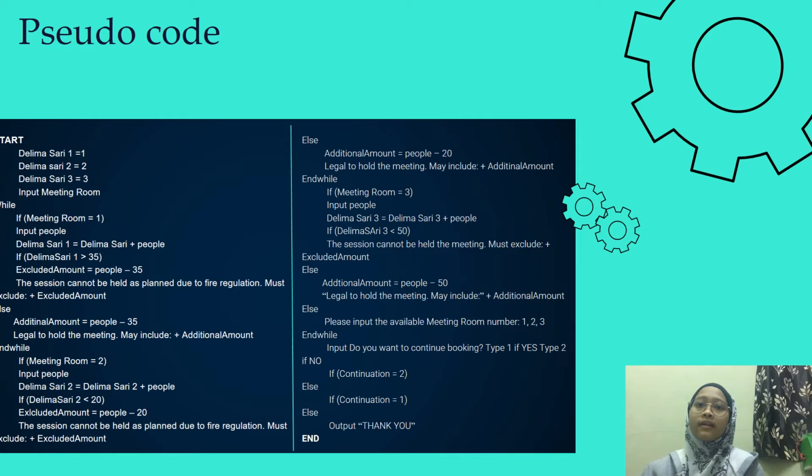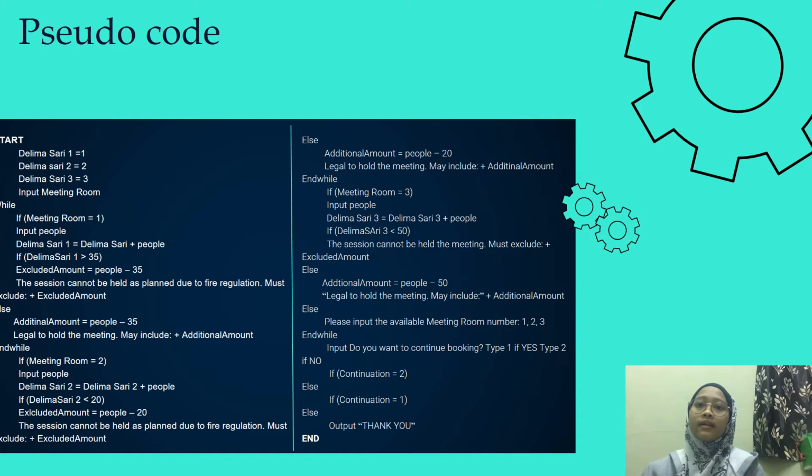Legal to hold the meeting, may include additional amount. And while if meeting room 3, input people, Delima Sari 3 equals Delima Sari 3 plus people, if Delima Sari 3 is over 50, the session cannot be held, must exclude plus excluded amount. Else, additional amount equals 50 minus people. Legal to hold the meeting, may include plus additional amount.